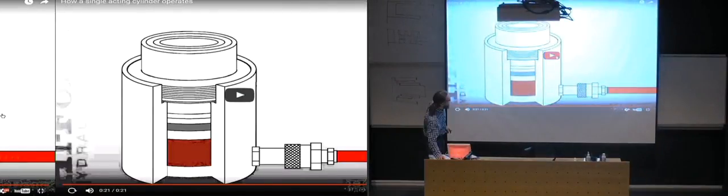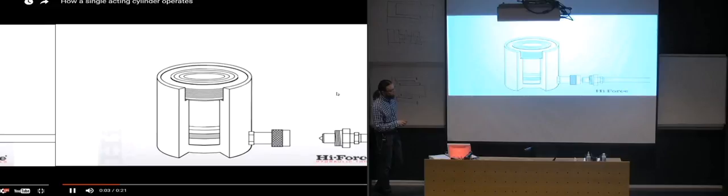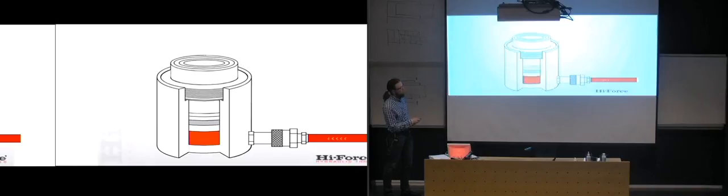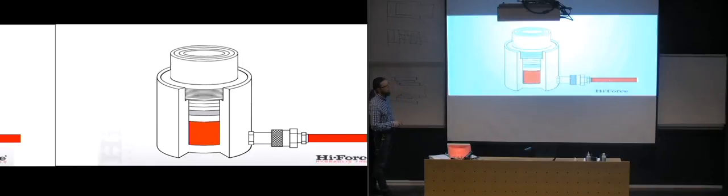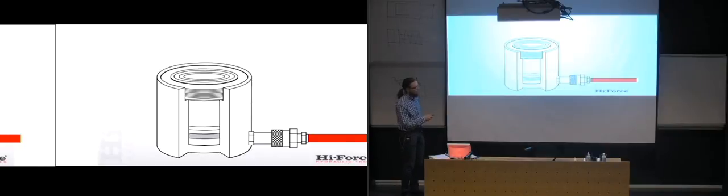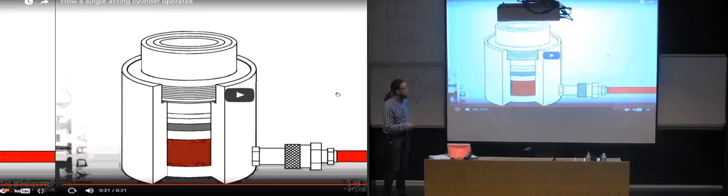So I think we'll run it once more. I thought it showed several cycles, but it didn't. So you connect your system, you add the pressure, it forces the plunger upwards. Then when you release your pressure, whatever weight is on top of the plunger is forcing it downwards, and when it's moving down, you are pushing the liquid out of the cylinder.